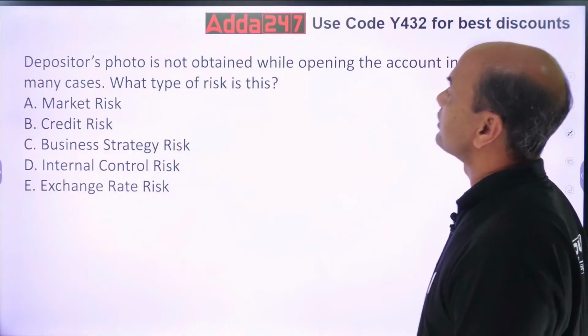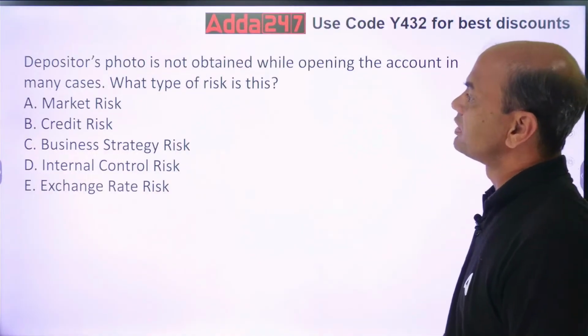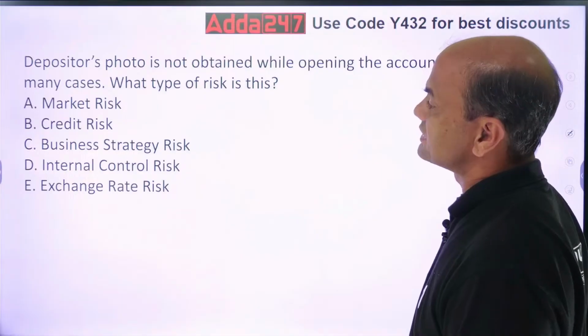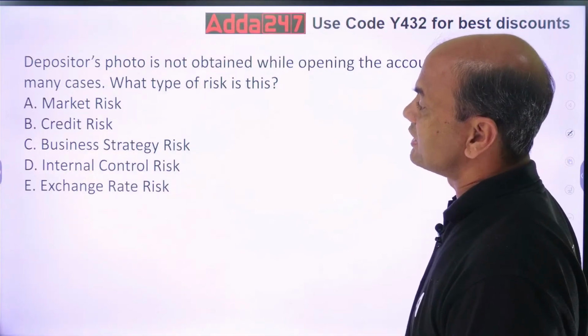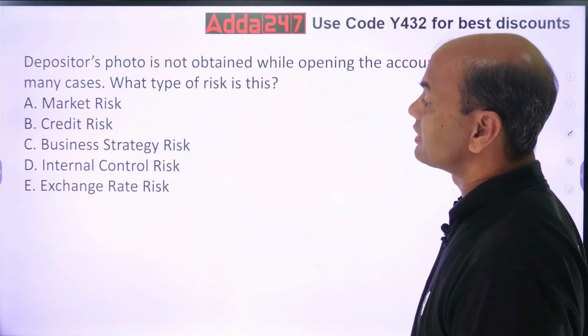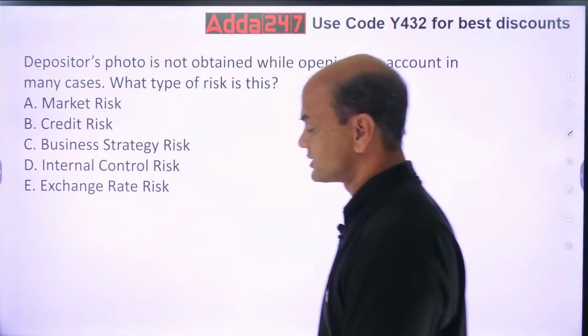Depositor's photo is not obtained while opening the account in many cases. What type of risk is this? Market risk, credit risk, business strategy risk, internal control risk, or exchange rate risk?